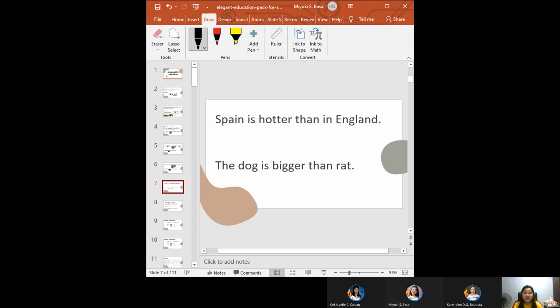So let's read the first example. Can you please read the first example, Miss Bautista? Spain is hotter than in England. Okay, thank you, Miss Bautista. Now my question is, what is the adjective and its base form? Miss Bautista again?